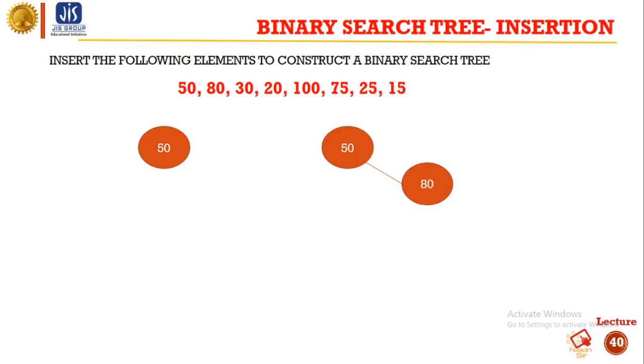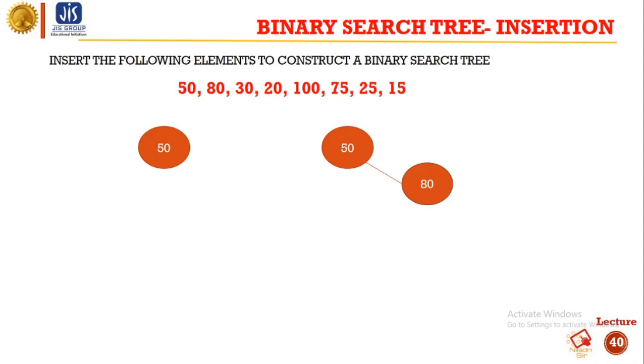Next the element is 30. This is our existing tree, with 50 and 80. We start from the root and check whether 30 is greater than or less than 50, the root node.